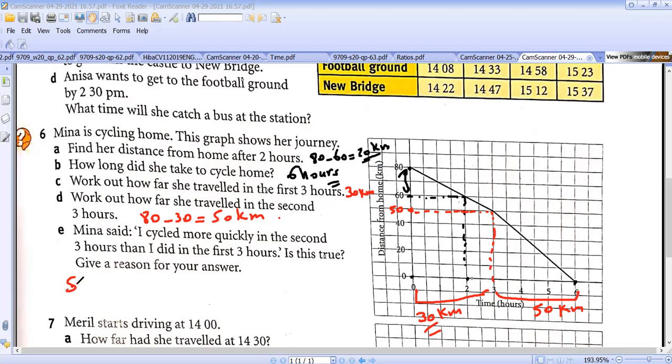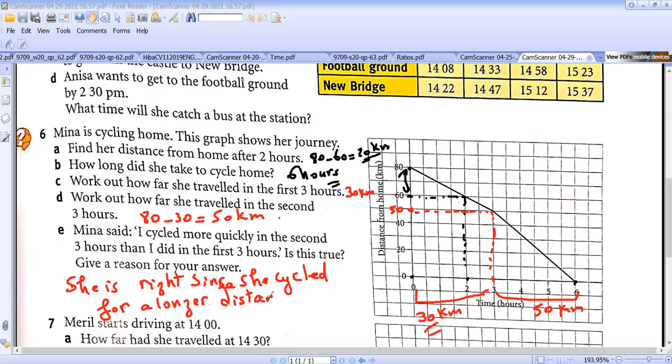So she is right, since she cycled a longer distance in the second 3 hours, right? She cycled for 50 kilometers, but the first 3 hours only 30 kilometers.